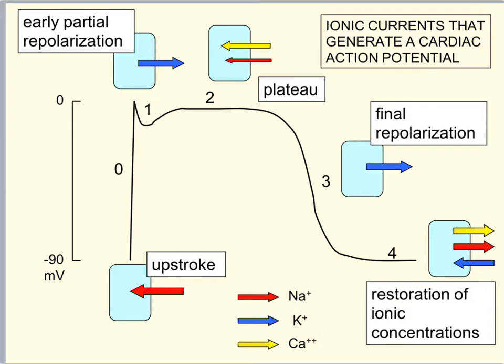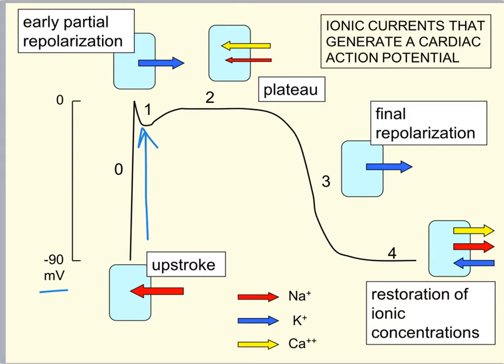Let's also do a quick overview of the phases of membrane depolarization and repolarization in the generation of a cardiac action potential. We begin with the resting membrane potential of minus 90 millivolts. The first phase is depolarization or upstroke, in which the membrane depolarizes and membrane potential becomes less negative, leading to the generation and propagation of an action potential.